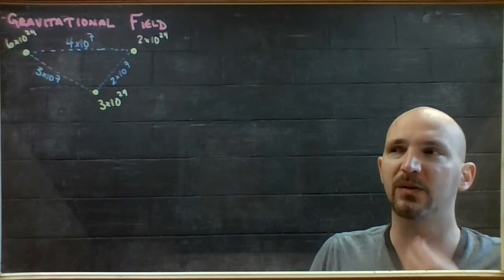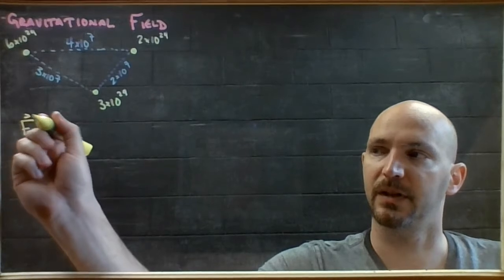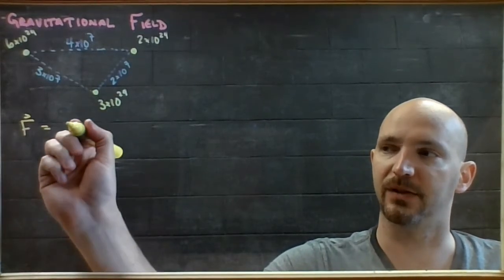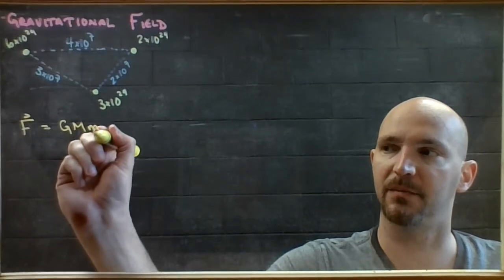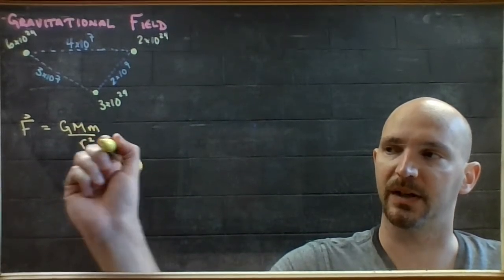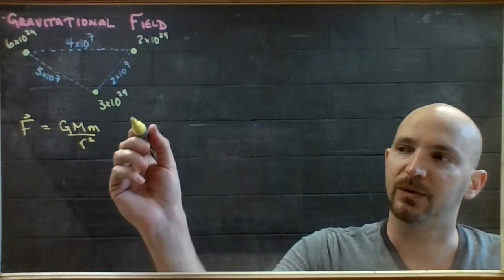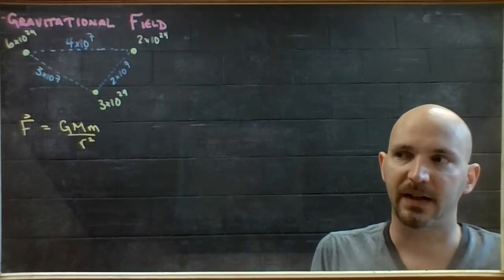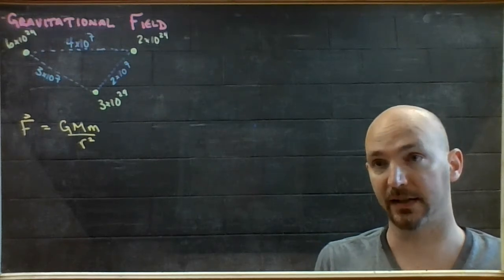So the way you calculate a field for force is you take the equation for that force. So for gravity, it's GM over r squared. And you identify the thing that is causing the field and the thing that is affected by the field.